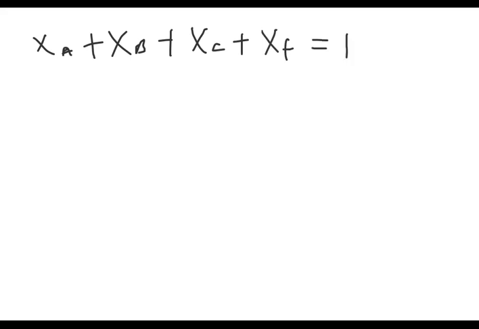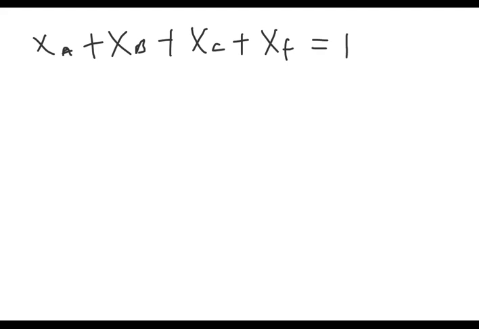So what we can say is that we already know that the share of A plus the share of B plus the share of C plus the share of the risk-free asset, XF, should always be equal to 1. But in this case, we expect to have a beta of 1.